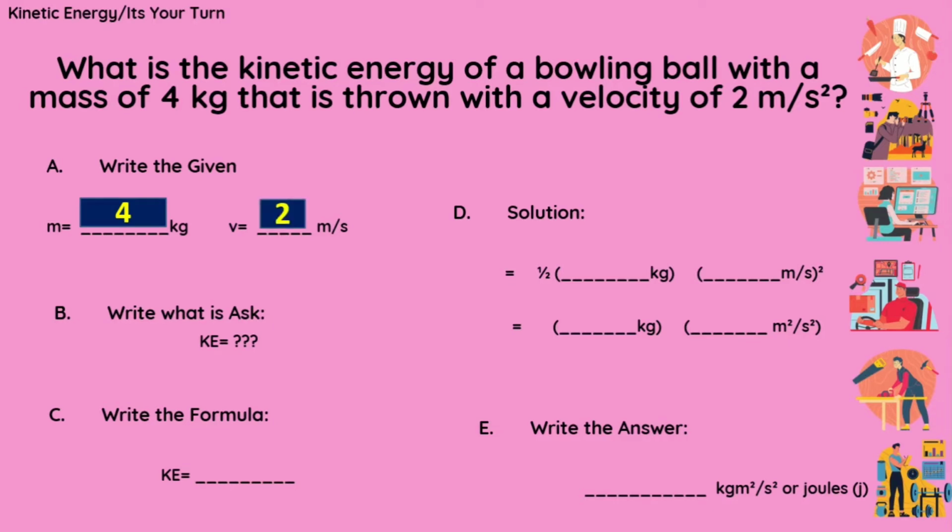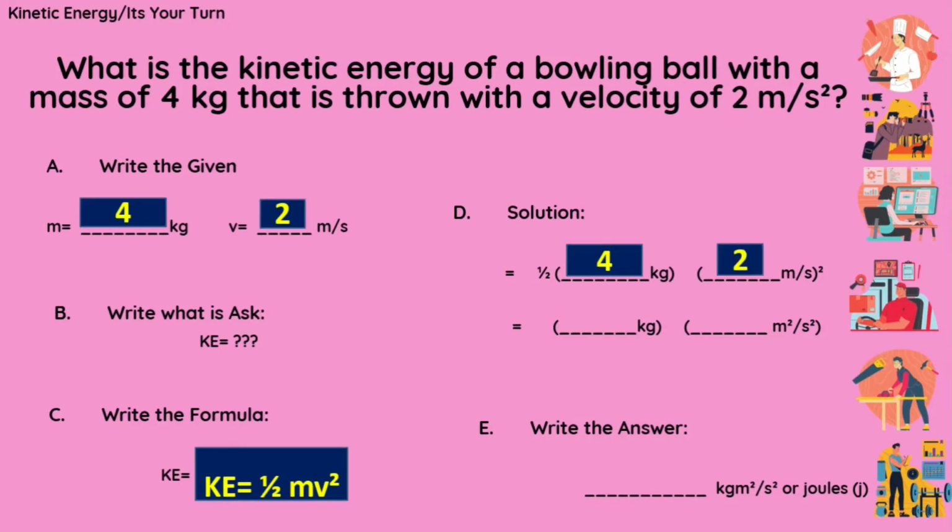The velocity is 2 meters per second. The formula of kinetic energy is 1/2 mv squared. 1/2 of 4 kilograms. 1/2 of 4 is 2. 2 times 2 is 4. 4 times 2 is 8.